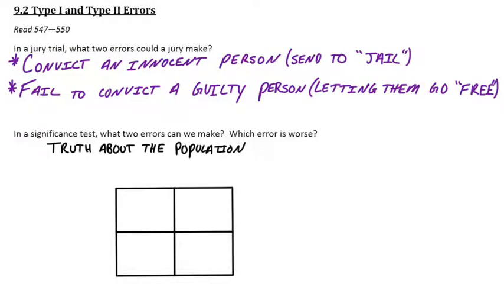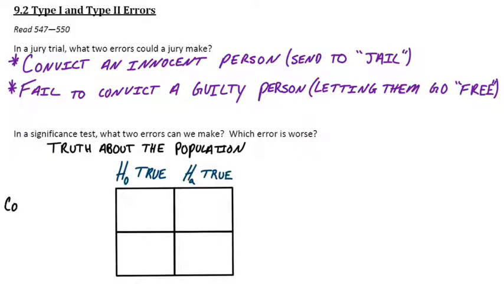And by the truth, I mean, well, there's only two things that could happen. If you have two hypotheses, one's right and one's wrong. So either the null is true, H sub 0 here, or the alternative is true. In most cases, we'll probably never know which one's actually true, but we're going to make a conclusion.